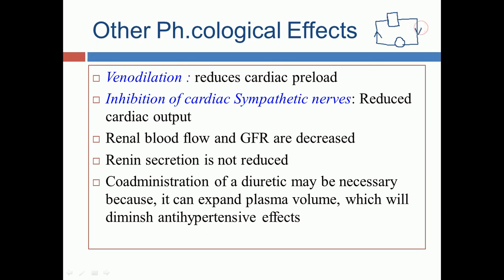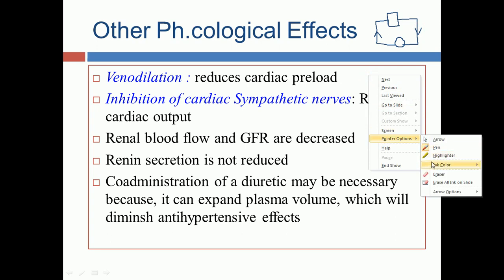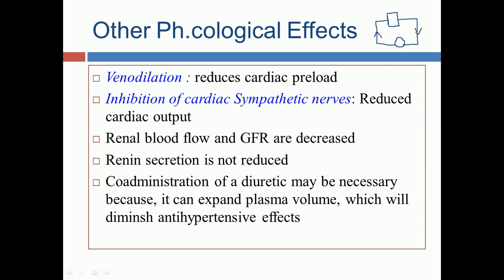This is towards the organ, while this is towards the heart. So if these vessels are dilated, with venodilation, they can accommodate more blood, and if it is stored, a lesser amount of blood will go back to the heart, because these vessels give the blood back to the heart.